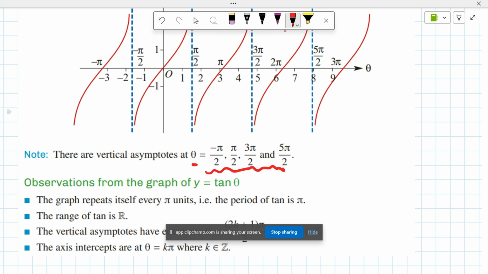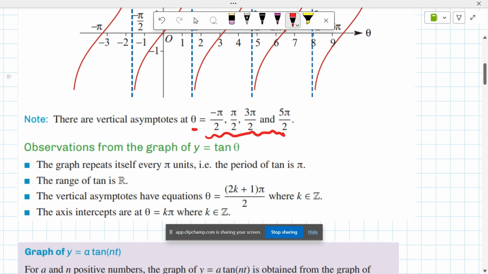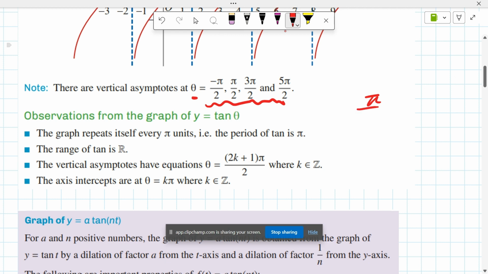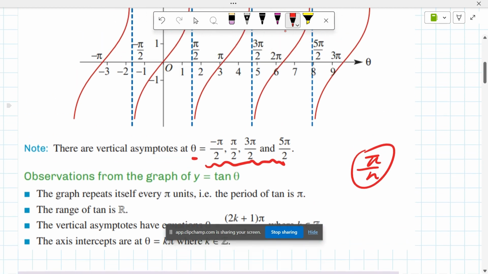The graph's period is equal to pi. So how are we going to calculate the period? For example, if we had an n, then the period equals pi over n. That's how you calculate your period.